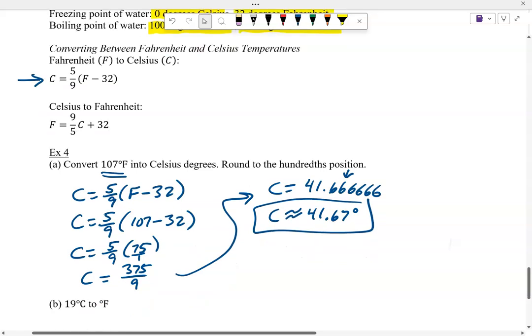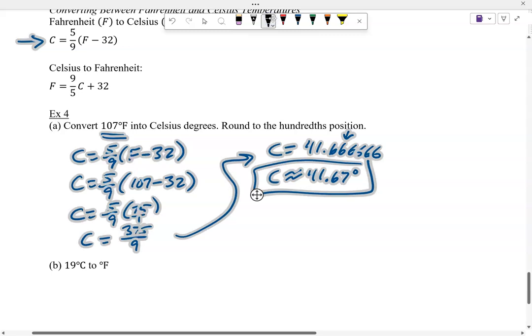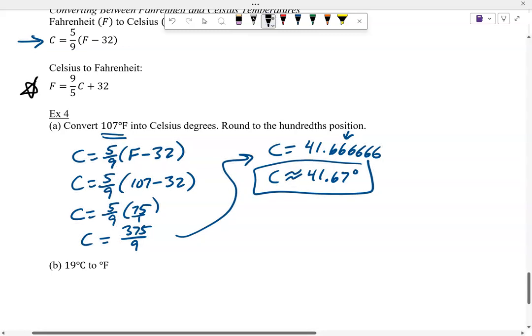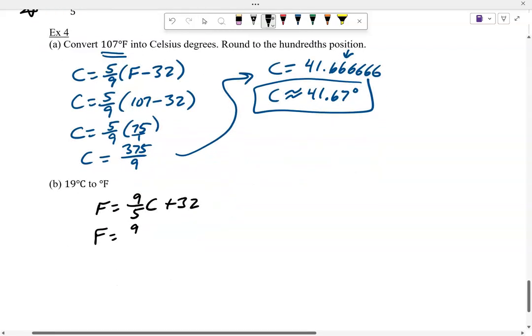Would be that one. Now let's do the other way around. 19 degrees Celsius, Celsius to Fahrenheit. So now I'm going to use the bottom one I just starred: 9/5 C plus 32. We're given Celsius, 19, so that's 19 over 1.